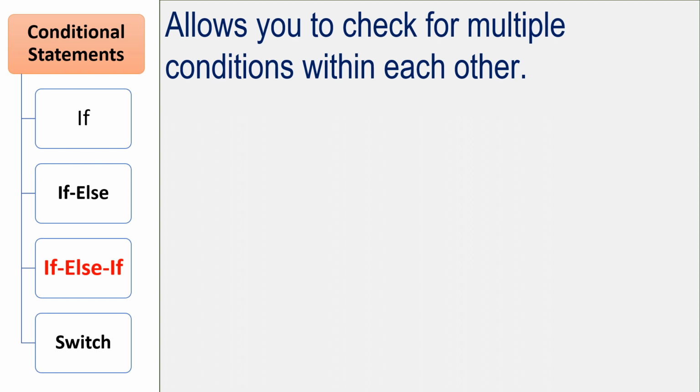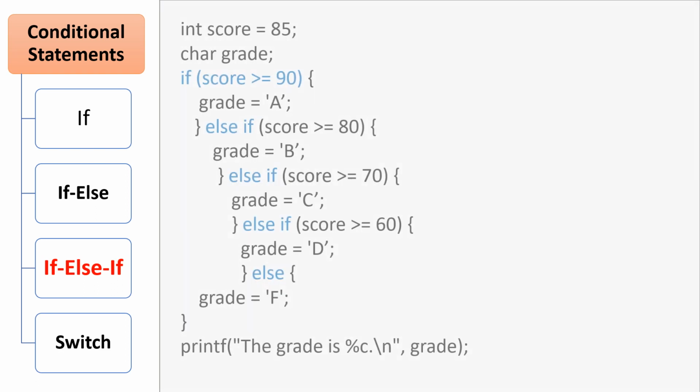This statement checks for multiple conditions within each other. It's like if, else if, and so on. Here is an example. Based on the marks scored by the students, the grades are assigned.